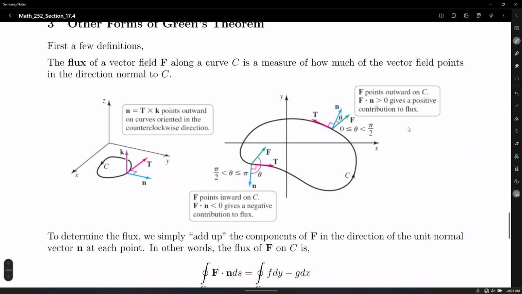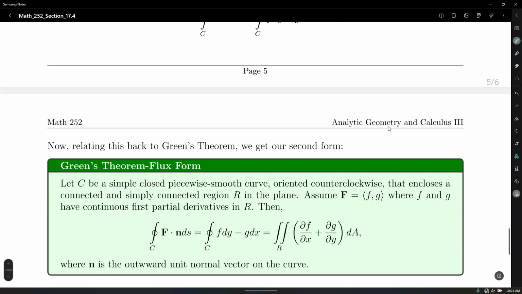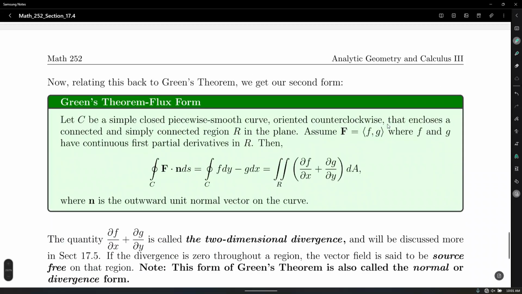So remember how we did both cases? Well, this is what we're calculating. This f dotted with n is the projection of these unit vectors onto the normal direction. Remember how these were the vectors out of the region?